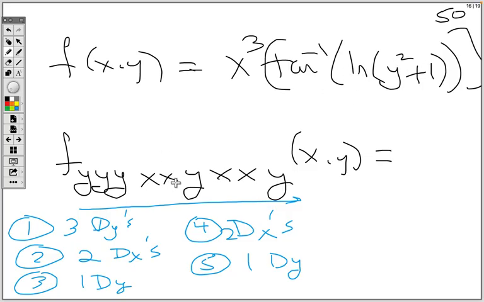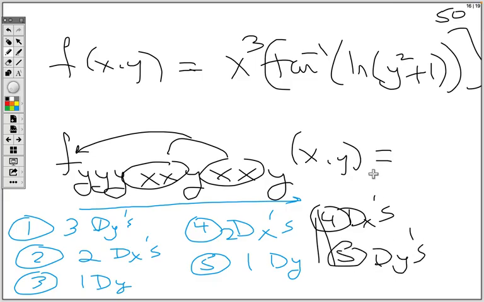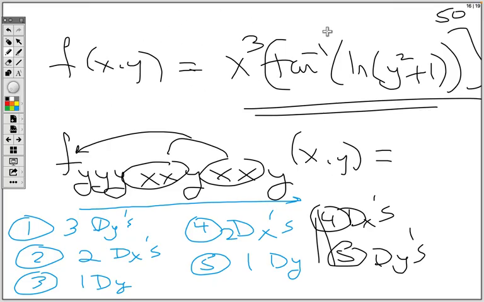However, what Fubini's theorem says is because everything's continuous, I can move all these x derivatives up front. And I can just do all the derivatives with respect to x first, and there's 4 of those. And then there's 5 derivatives with respect to y. But what's going to happen to this function if you take 4 derivatives with respect to x? All of this is going to be considered a what?